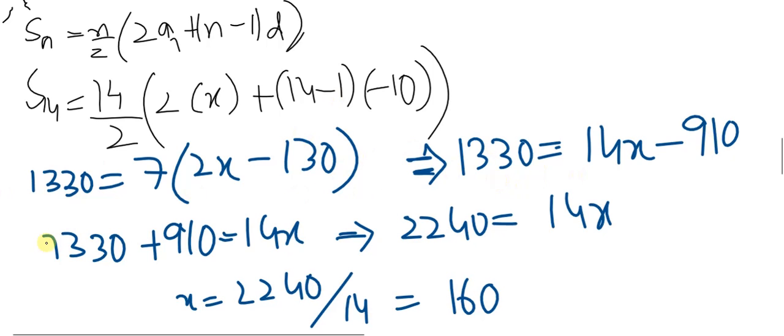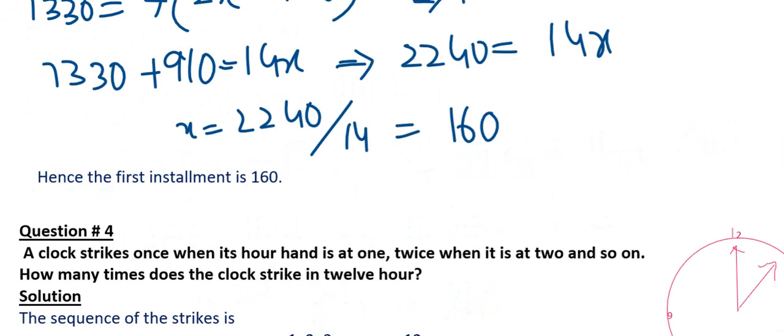I solve this and after solving, x will be 160. It means hence the first installment is 160. It means 160 rupees will be the first installment, and after reducing 10 in each next installment, we will easily pay the whole price, which is 1330, in 14 installments.